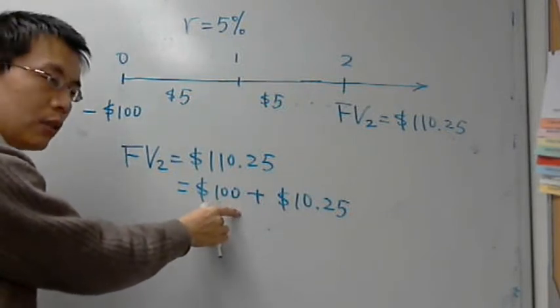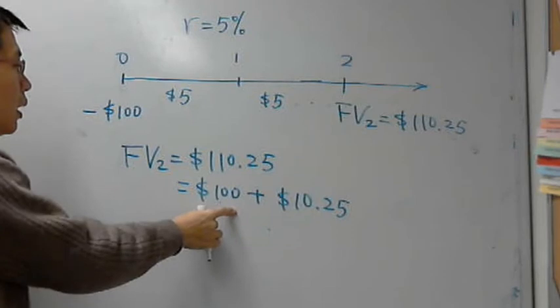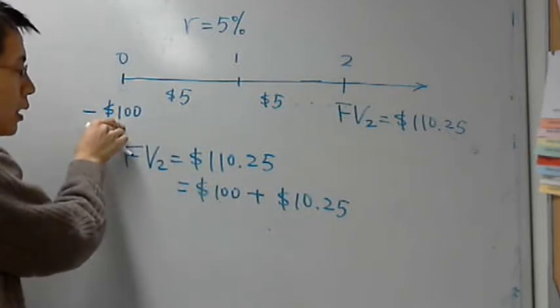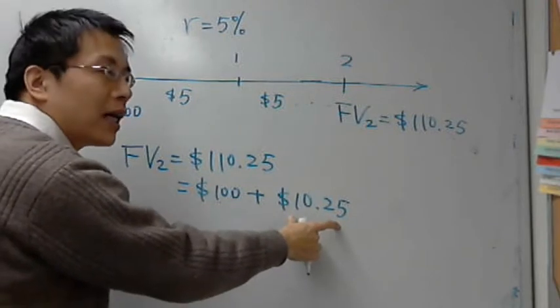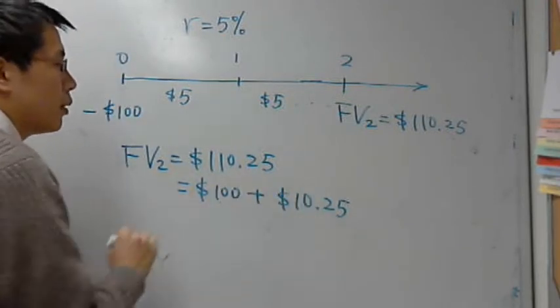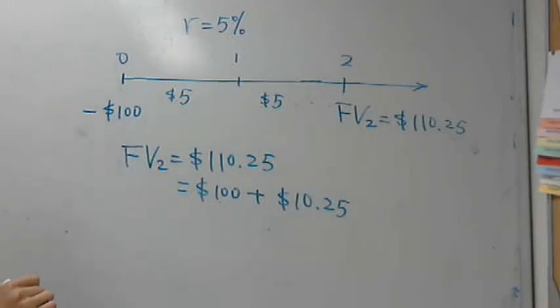The first part is $100. We know this $100 is the principal, the initial deposit. The second part must be interest. So over the investment period, the total interest is $10.25.